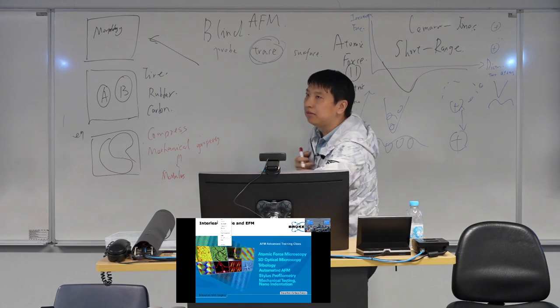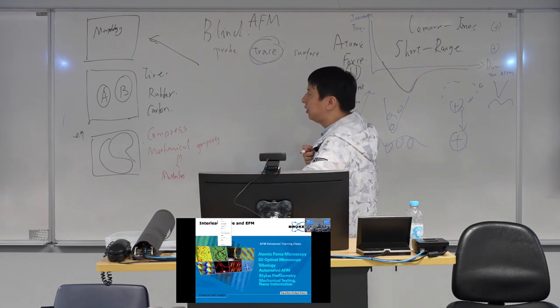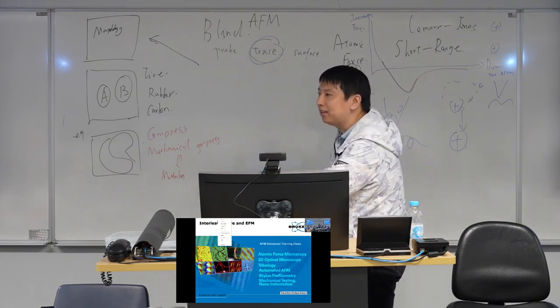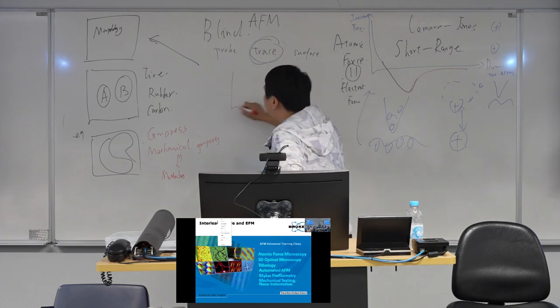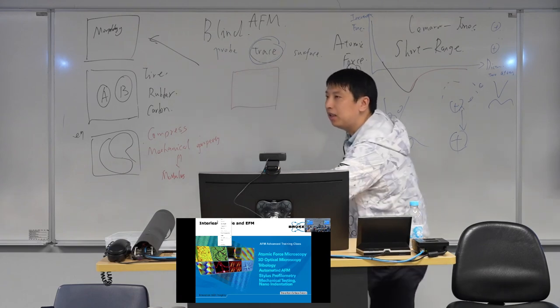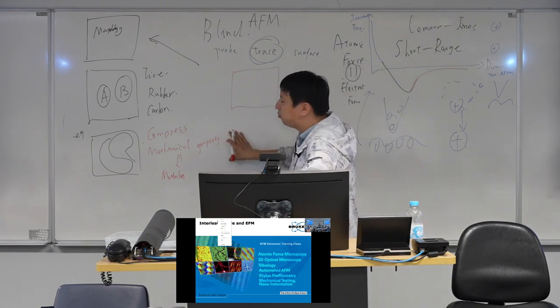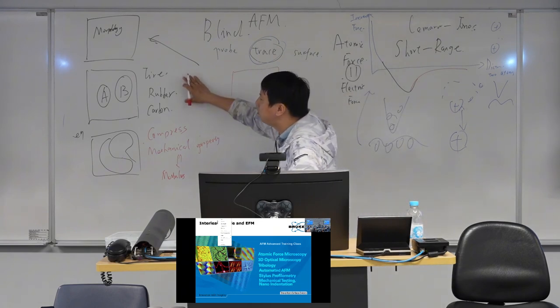And then the scientists from the tire companies give us more headaches. They gave me a sample, and he told me, you use the mechanical properties to distinguish the rubber and the carbon.